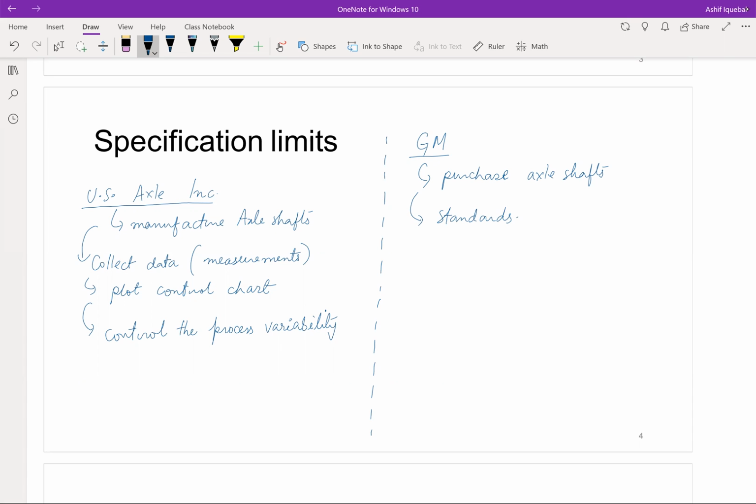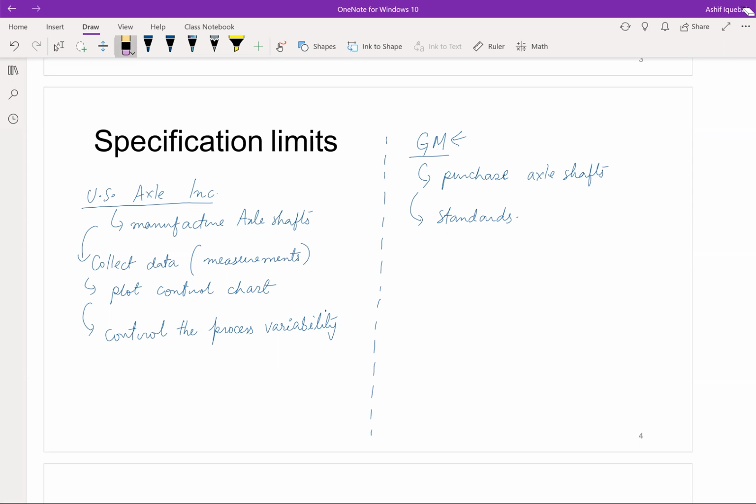They will say that if the axle shafts do not meet their standard, they would not purchase from this manufacturer. These standards that are set by the customer, the customer in this case being General Motors, are called specification limits.